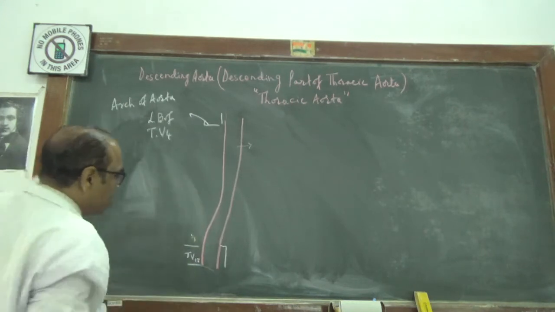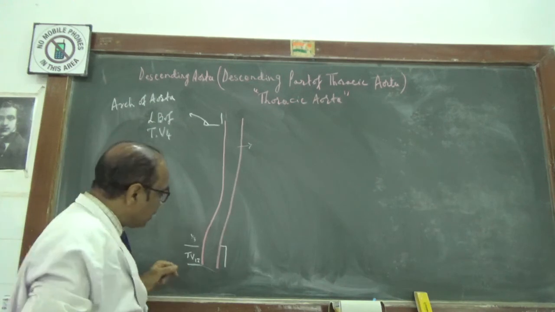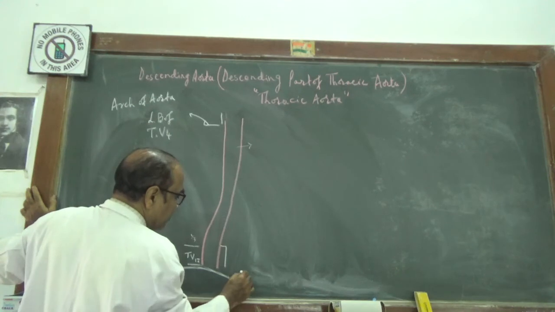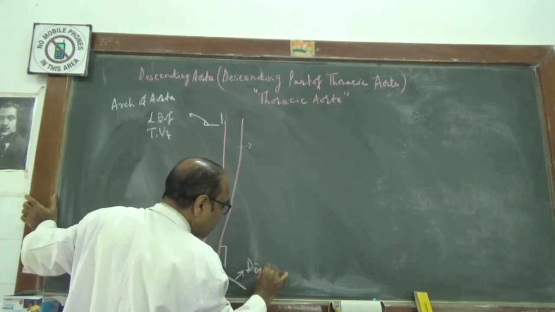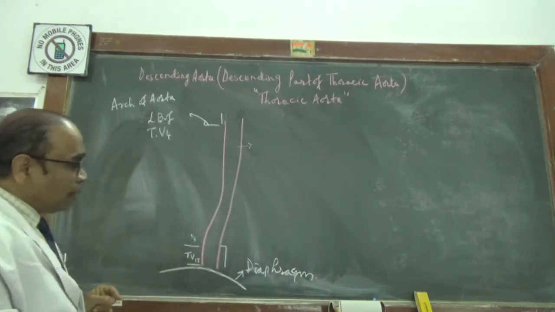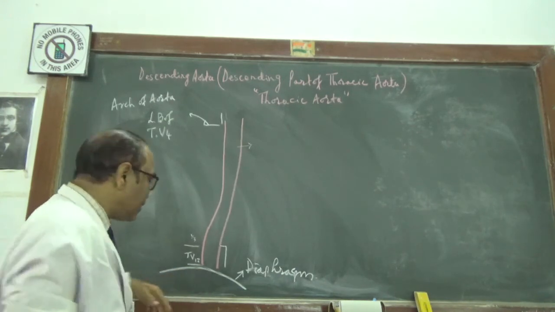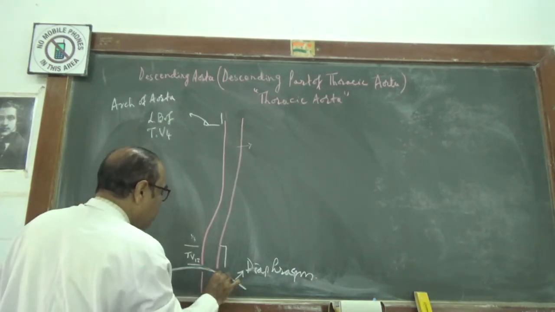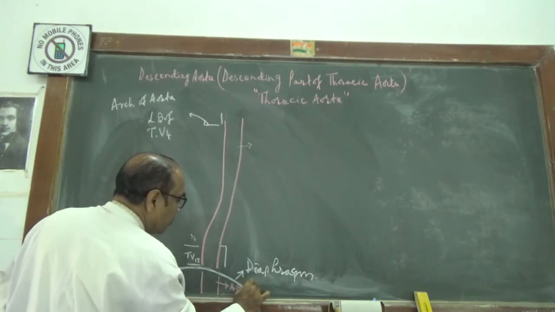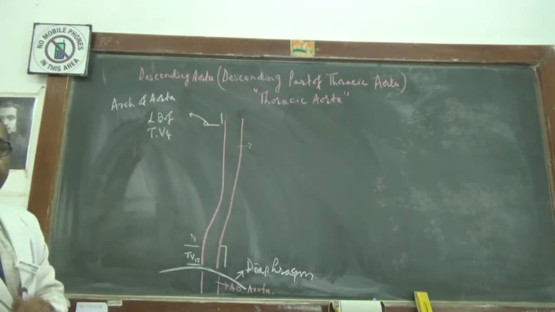And as it descends and reaches the lower border of the thoracic vertebrae 12, it is ready to pierce the diaphragm at the level of the lower border of the thoracic vertebrae 12, and then continues as abdominal aorta. So this is the thing.